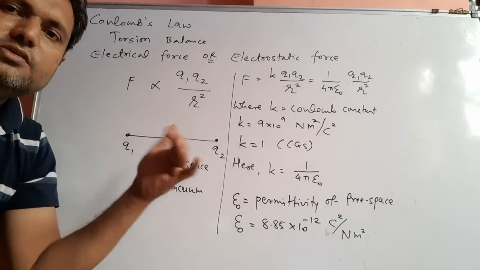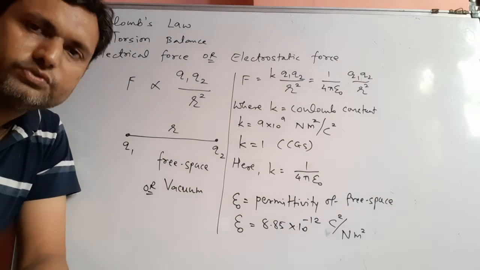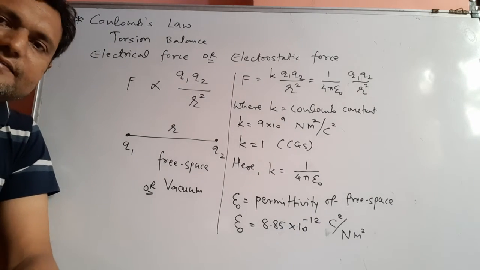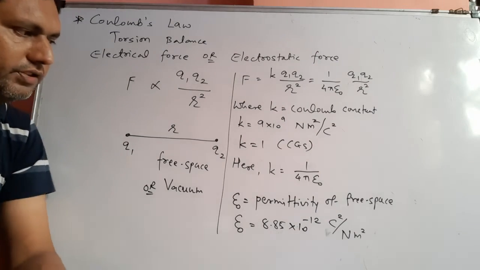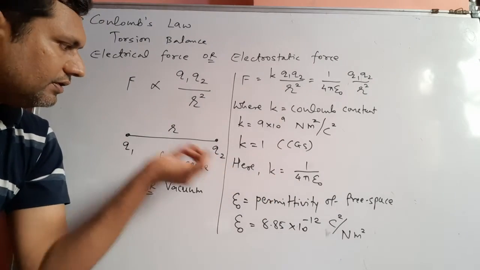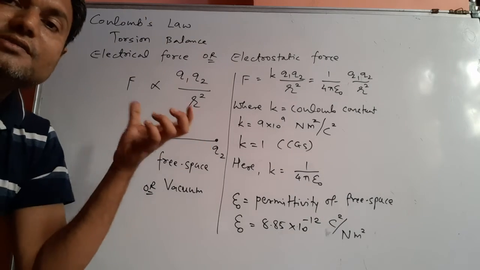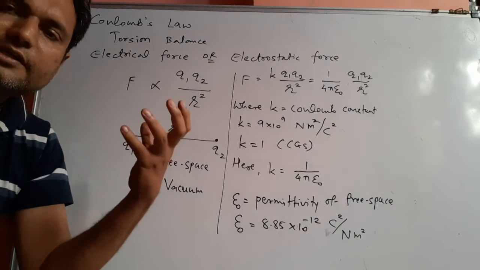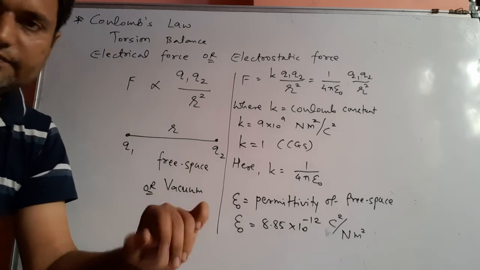It means if we change the medium, then obviously there is a change in the magnitude of the force, the electrical or electrostatic force. So why is there a change in the magnitude of the force? Because permittivity shows how strongly the electric force or electric field, produced by stationary charges, affects the medium.